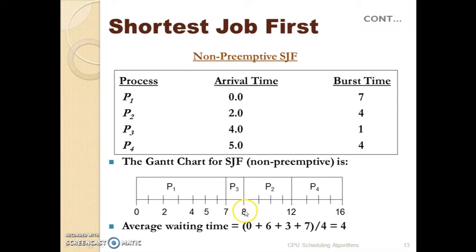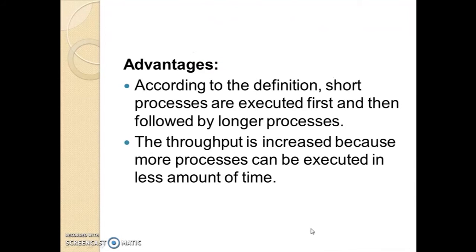P2 started at 8 seconds, but when did it arrive? At 2 seconds. So 8 minus 2 is 6. For P3, it started at 7 and arrived at 4. So 7 minus 4 is 3. And for P4, it's 12 minus 5, which is 7. So we have the waiting times, and we can calculate the average waiting time.